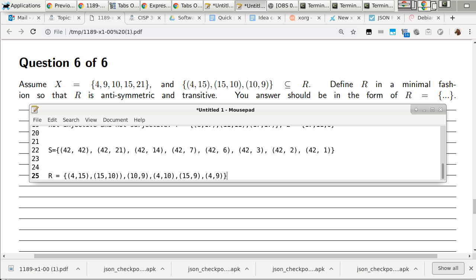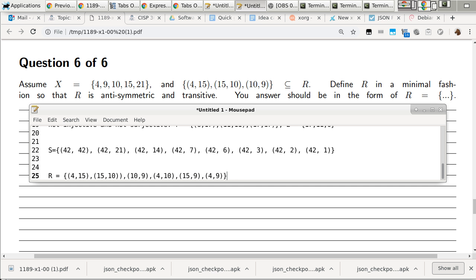The definition of transitive basically says, if I give you 3 variables, A, B, and C, and you are free to pick any values from X as A, B, or C. They can be the same, they can be different. I don't really care how you do it. But the statement has to be true. What statement are we talking about? A R B and B R C implies A R C. Has to be true. Okay?